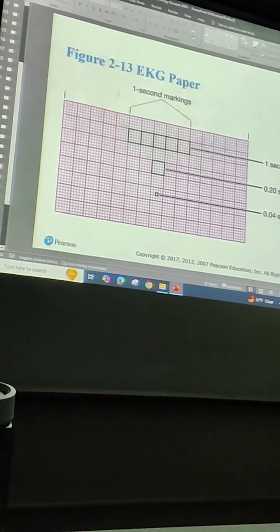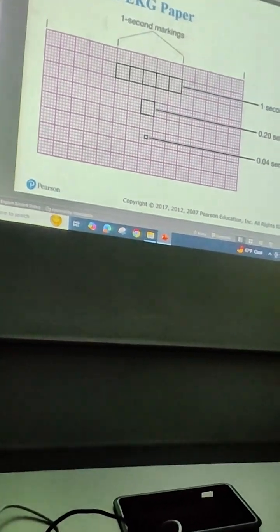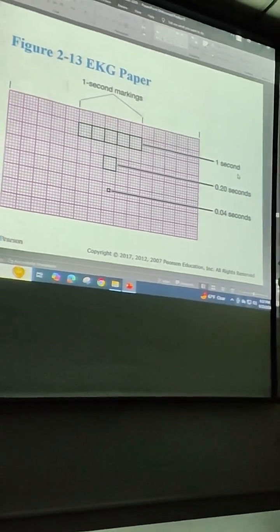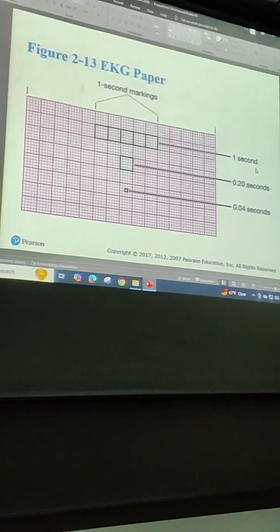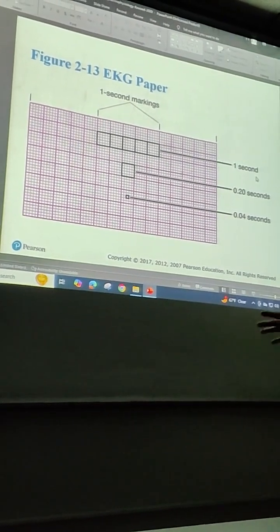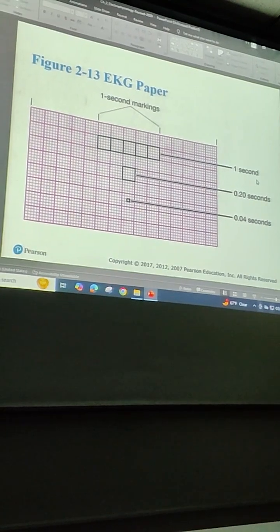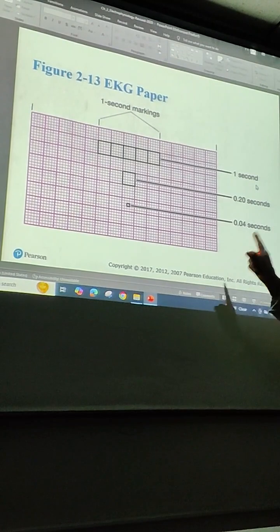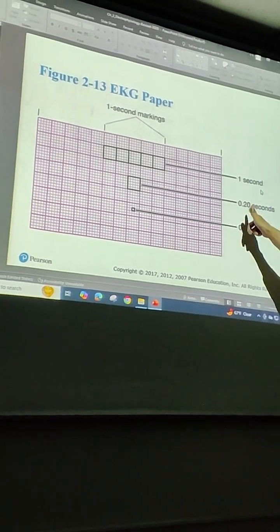So, a question for the exam. What is the time on a small box? 0.04 seconds. That's it. You got the answer. Move on to the next one. What is the time for a large box? 0.20. Why?